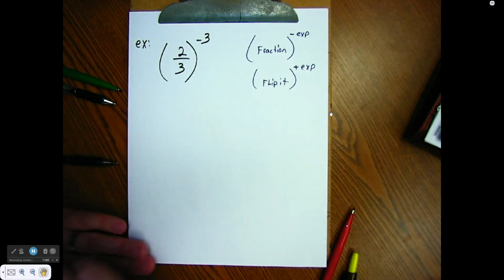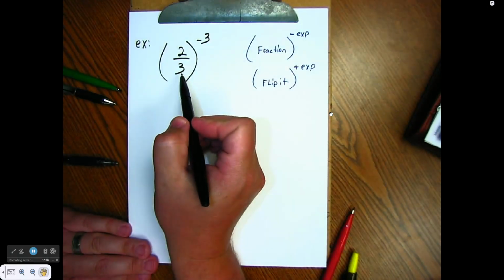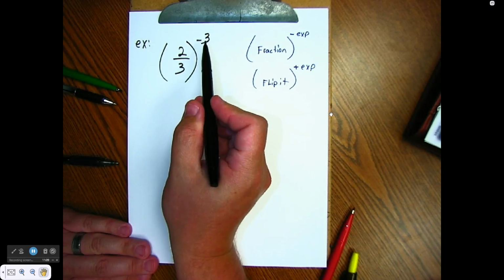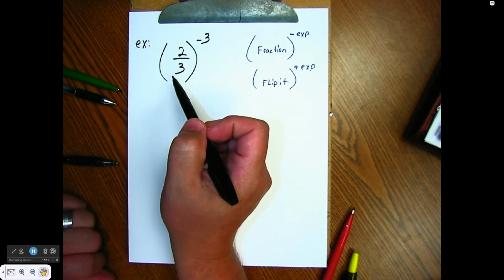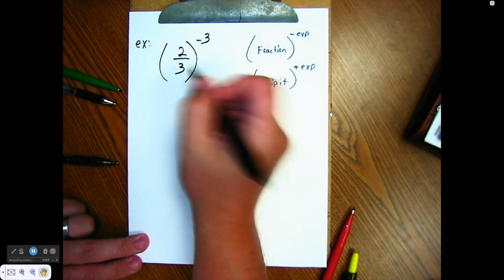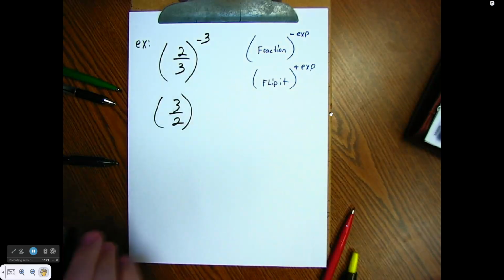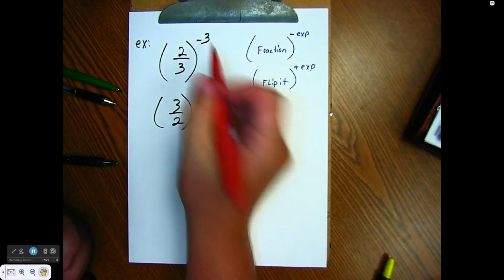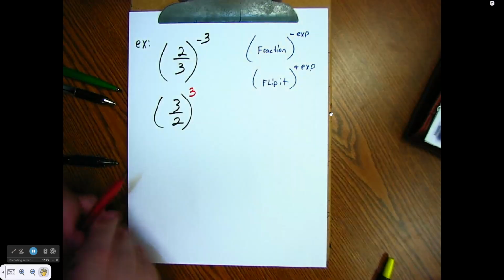So that's exactly what I'm going to do here. 2/3 to the negative exponent. I'm going to flip it, but the correct vocabulary is the reciprocal. The reciprocal of 2/3 is 3/2. And when I do that, it makes my exponent positive.